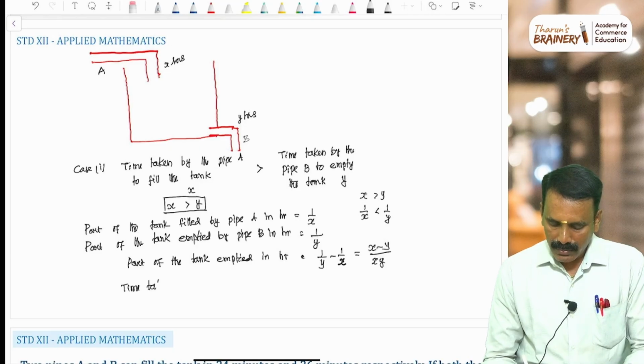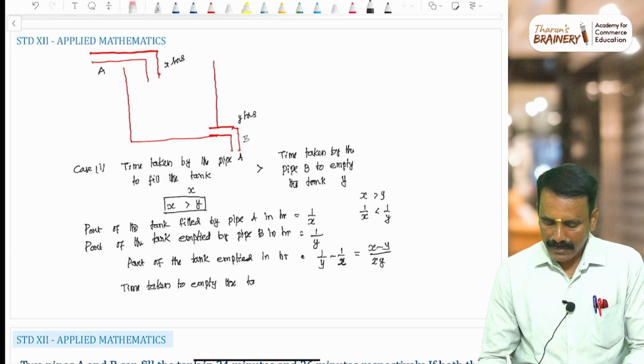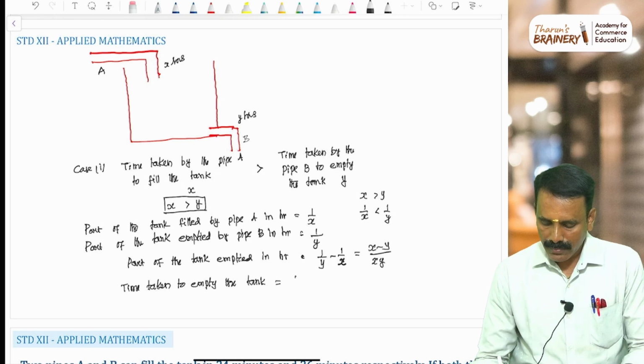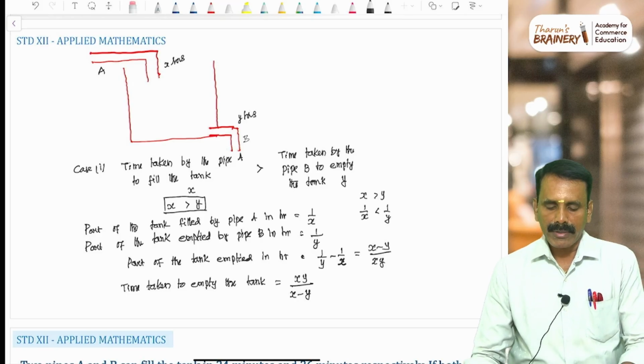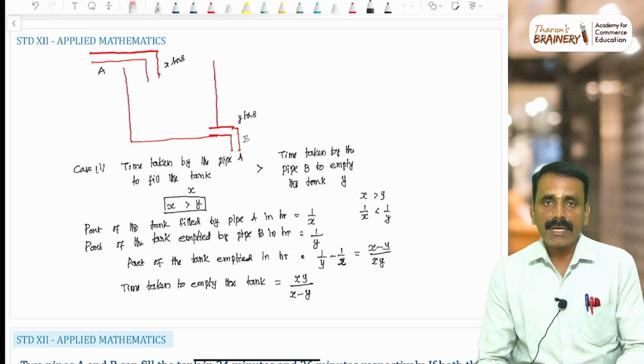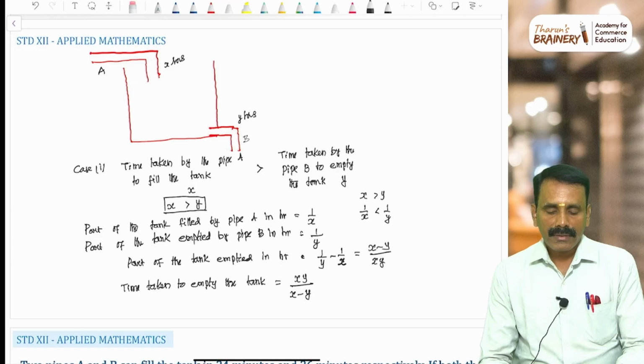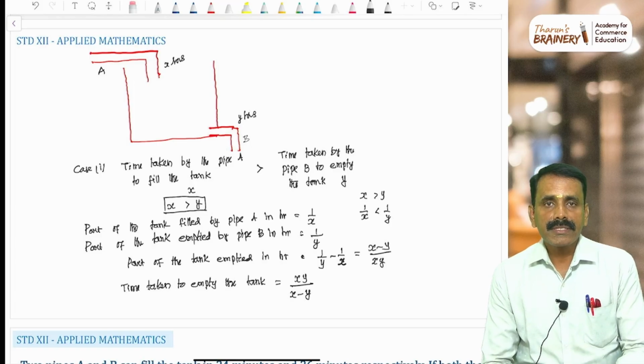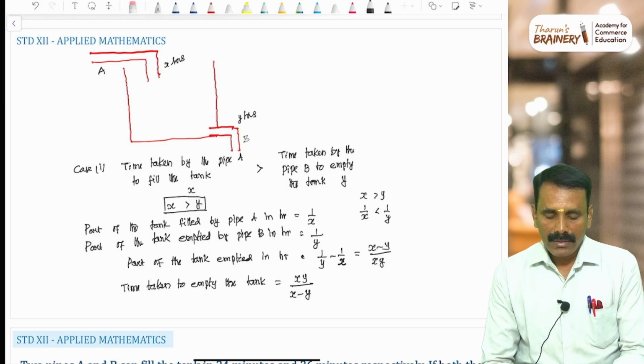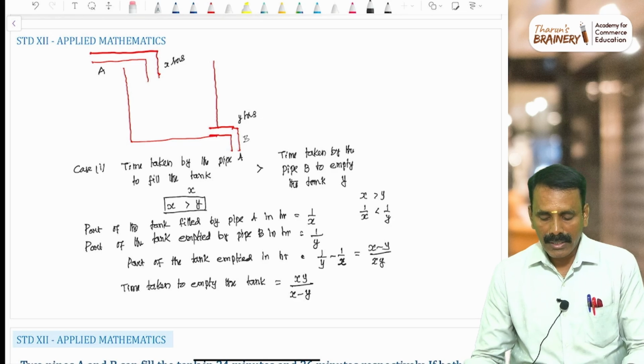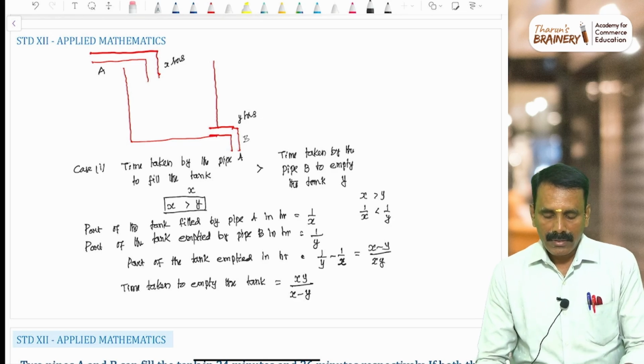So, time taken to empty the tank will be equal to XY divided by X minus Y. In this case, tap A takes more time to fill the tank than tap B, which eliminates the liquid.